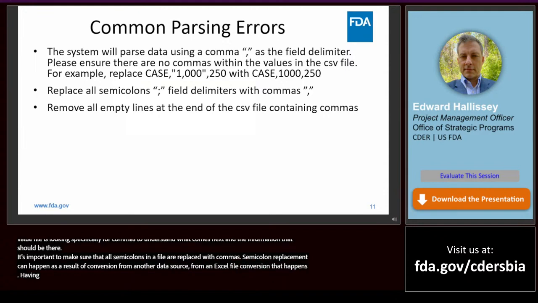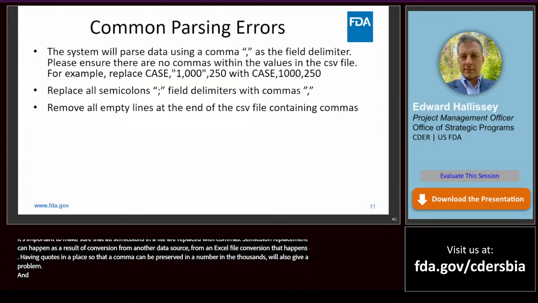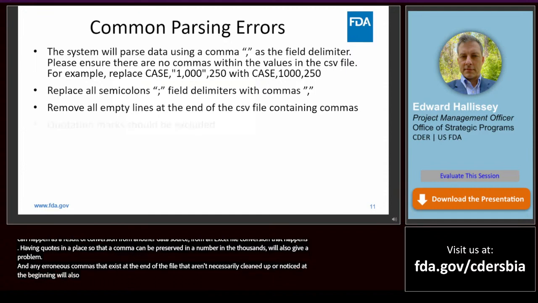Having quotes in place so that a comma can be preserved in a number in the thousands will also give a problem. And any erroneous commas that exist at the end of the file that aren't necessarily cleaned up or noticed at the beginning will also give an error.